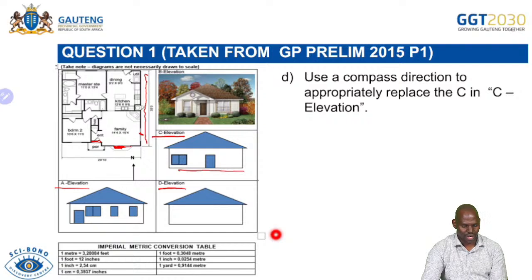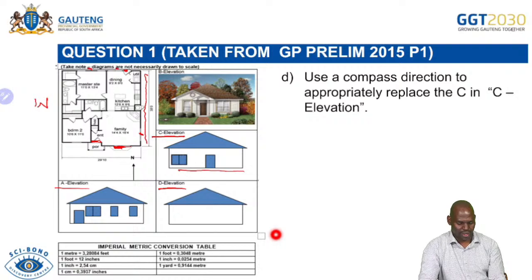Then on the western side, I don't see any window and I don't see any door. And on the other side, I see the door and two windows.